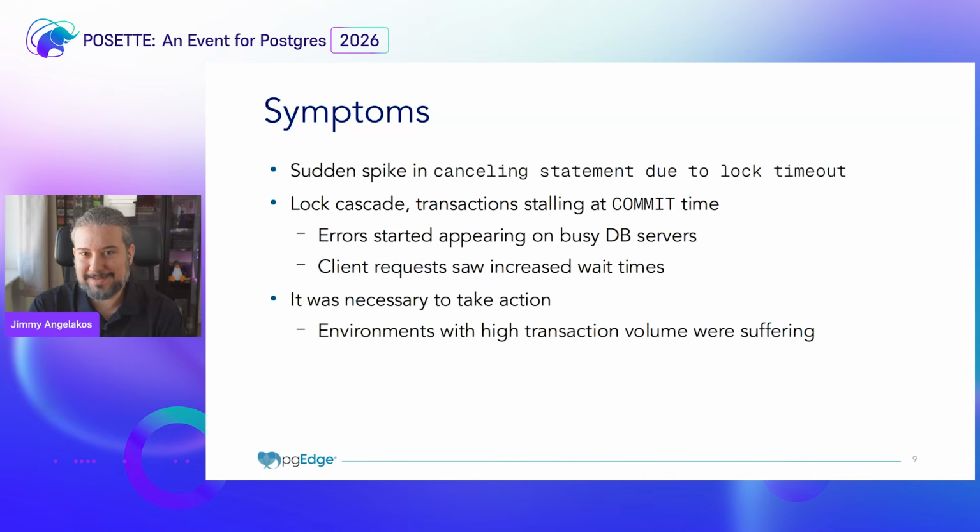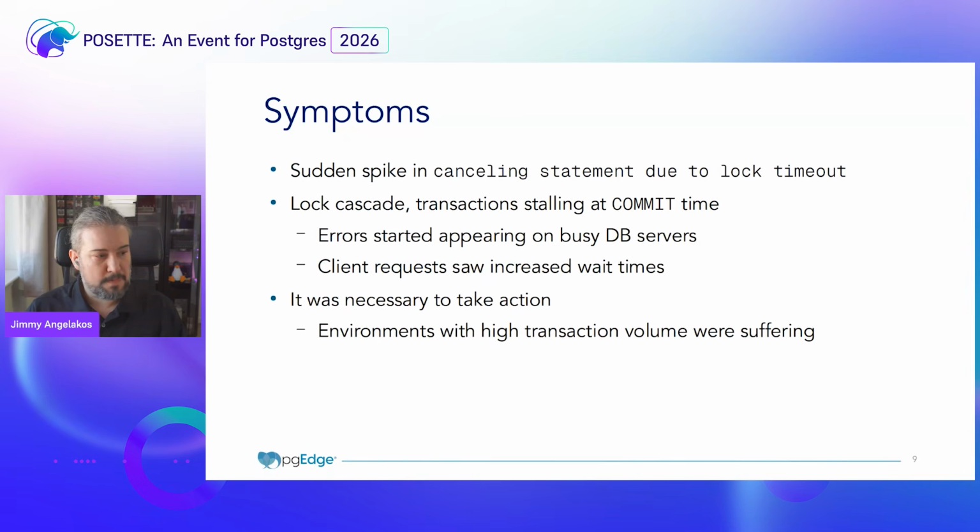So it was really necessary that something was done about this. We needed to investigate why this was happening because the environments that we had with high transaction volume on the system were starting to suffer from this.